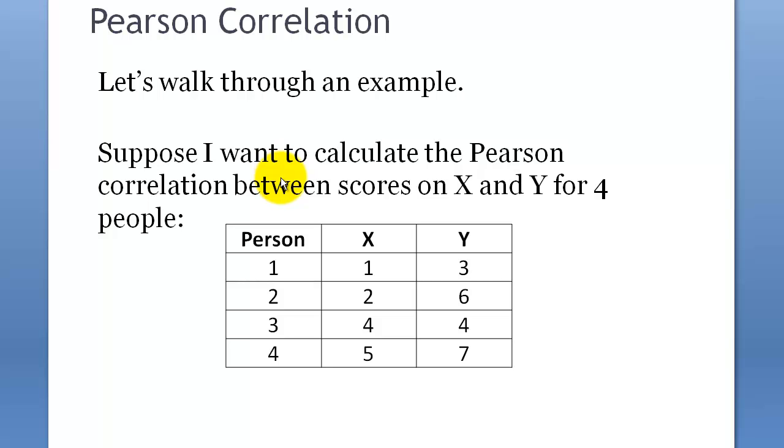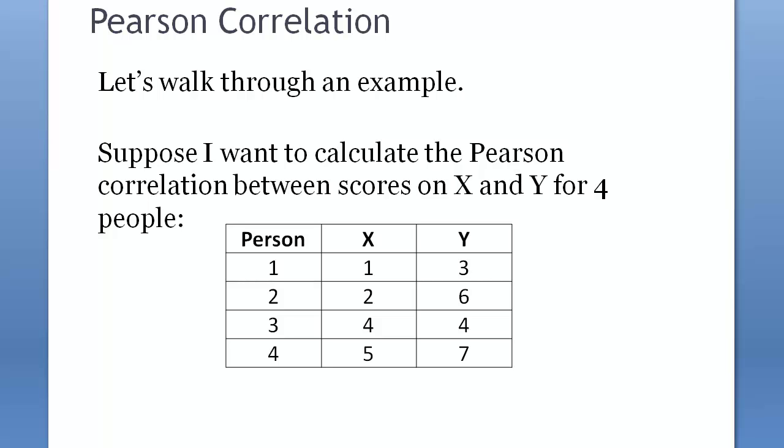Suppose I want to calculate the Pearson correlation between scores on x and y for 4 people. x could be math and y English or something like that in real life, and person 1, 2, 3, 4 can be a student ID or something.